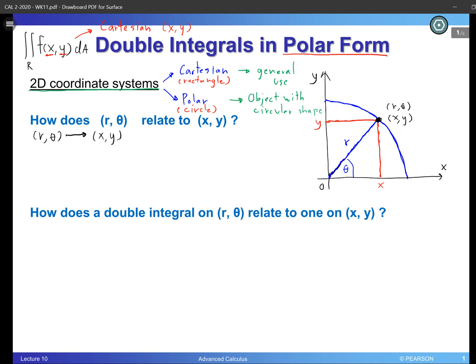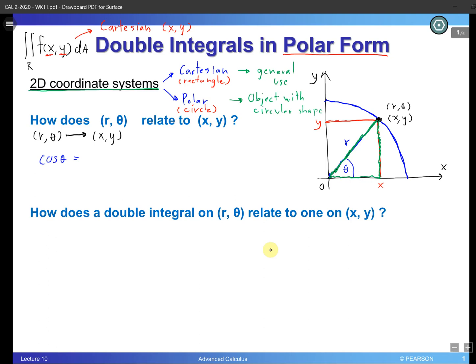First of all, we are going to use trigonometry to find this relationship. So let's take a look at this triangle. I'm going to highlight this triangle right here. This one. All right. So from this triangle, I want to find the cosine of theta. Cosine of theta is going to be equal to the adjacent side divided by the hypotenuse.